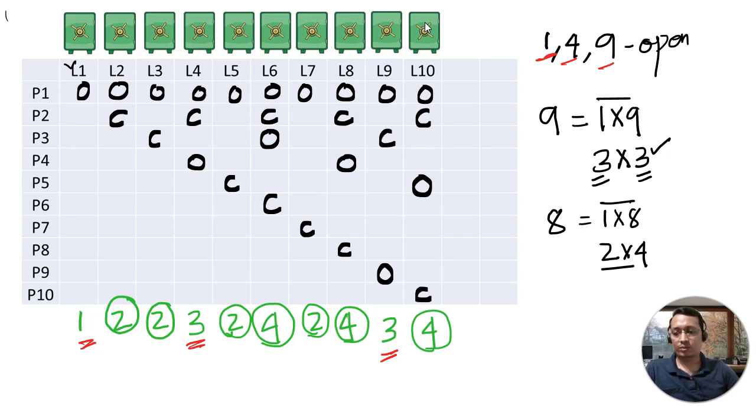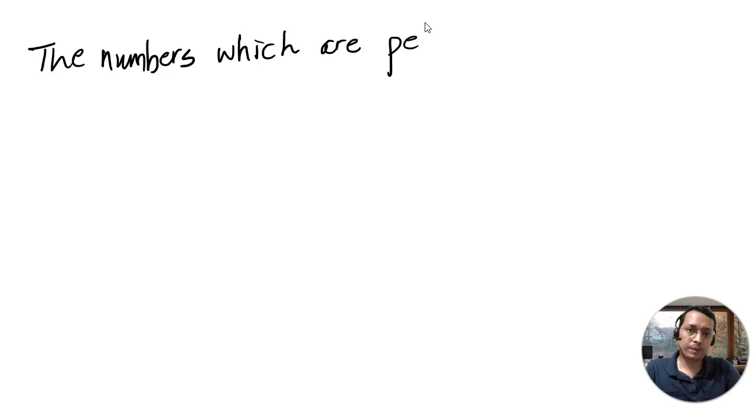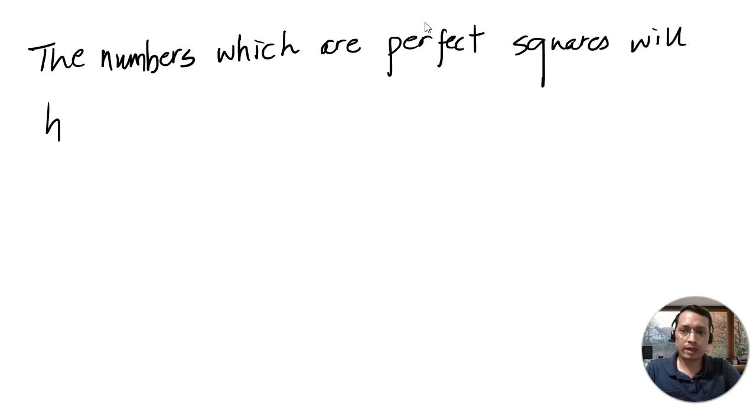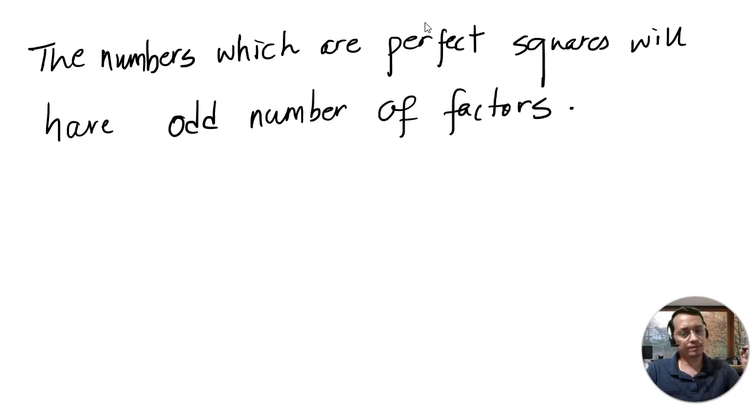Let's write it down so it is clear. The numbers which are perfect squares will have an odd number of factors.